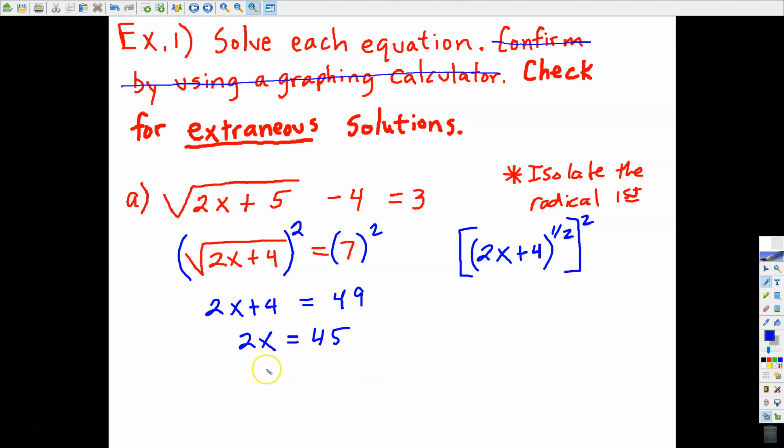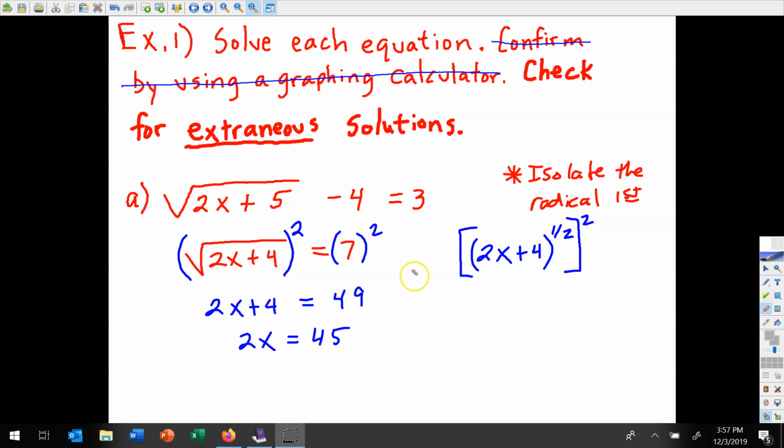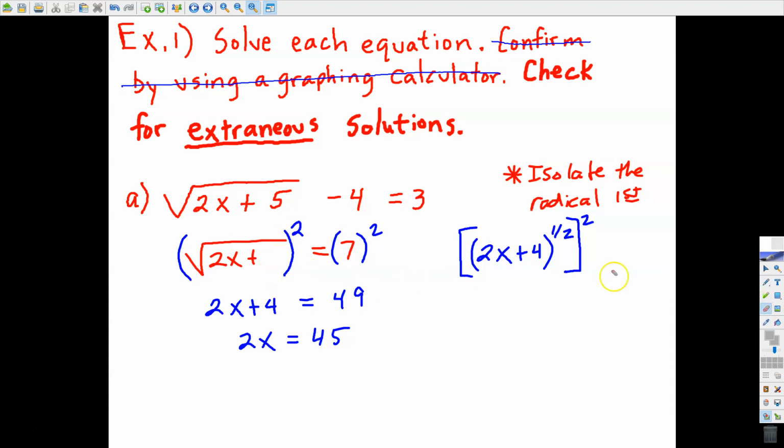And so I divide by 2. I just realized that I put 2x plus 4, and it should be plus 5. Sorry about that. So this should be 44, and x is going to be 22, I think.